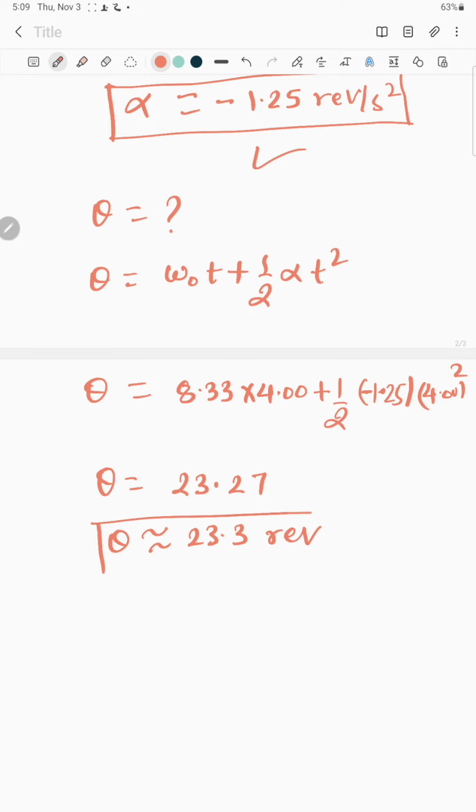So this is the angle theta, or the number of revolutions.